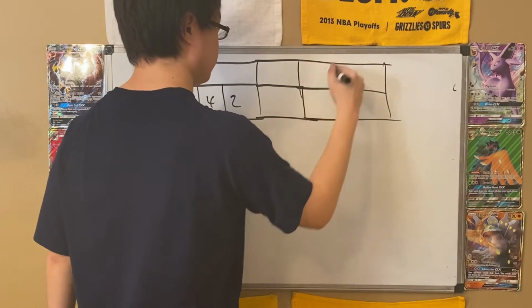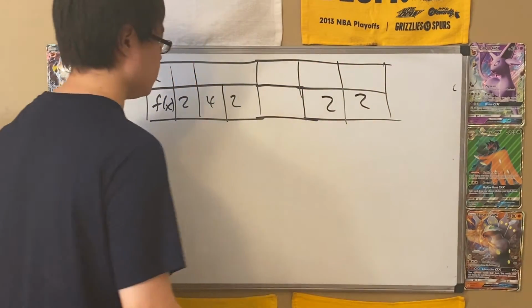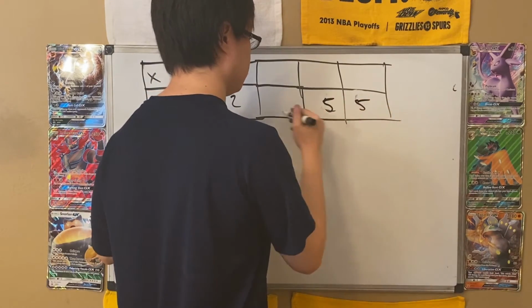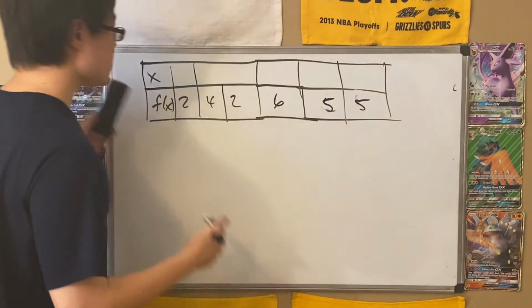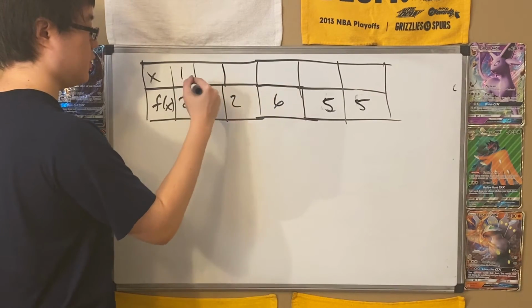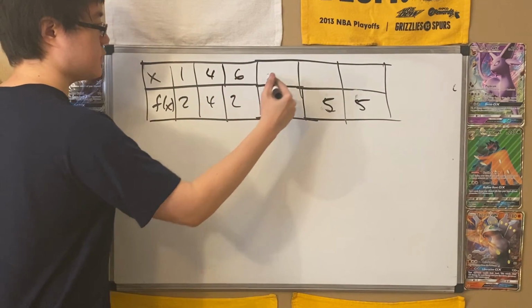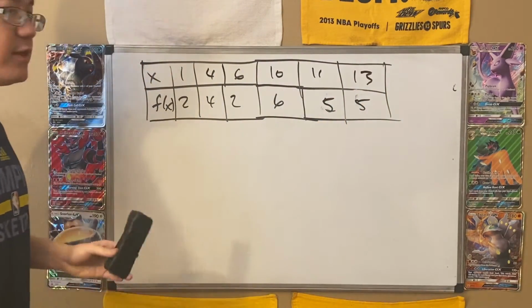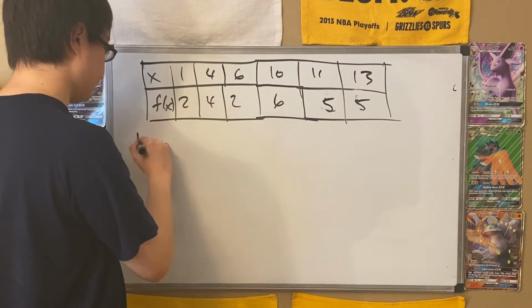So not my best table ever drawn. Let's not use 2 and 2, that's kind of lazy. Let's use 5 and 5, and then we can use 6. And then we're just going to put random numbers here: 1, 4, 6, 10, 11, 13. So this is going to be my table, and the question is going to be, what's the fewest number of times?